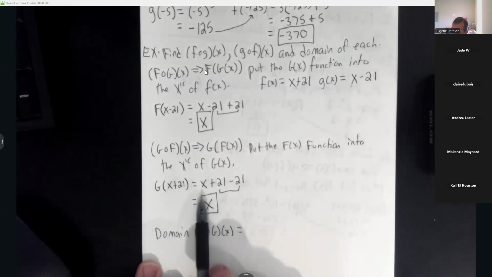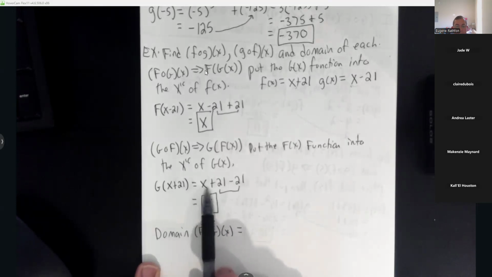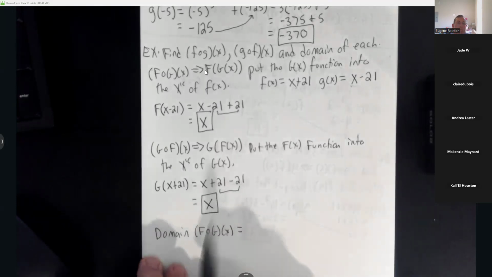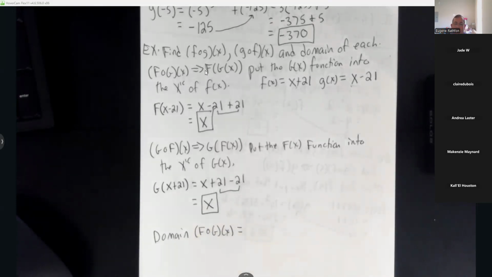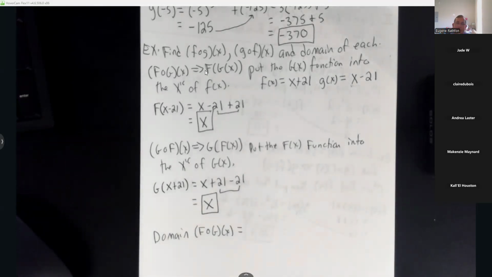So y'all look at this. G of f of x was x plus 21 minus 21. So my question would be, if that's your function you're evaluating, are there any restrictions on this domain? Are there any numbers that we got to kick out of the domain? And there's only one thing I'm really looking for on this.